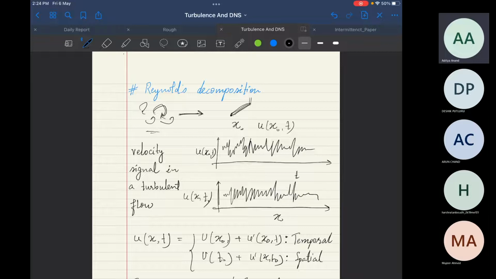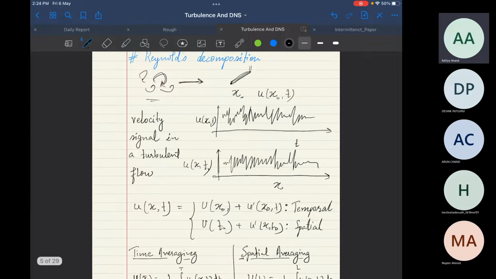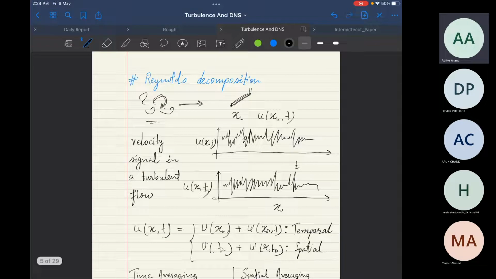So if you plot it with respect to time, it will fluctuate randomly. Also, in this flow itself, if you fix the time and you take a snapshot of this flow, like in a PIV, and if you observe the velocity field, then also it will be randomly fluctuating. So there are fluctuations both in space and time in a turbulent flow. So what Reynolds decomposition does is it decomposes the velocity signal into a mean and fluctuating part.